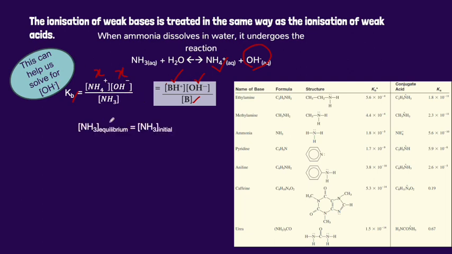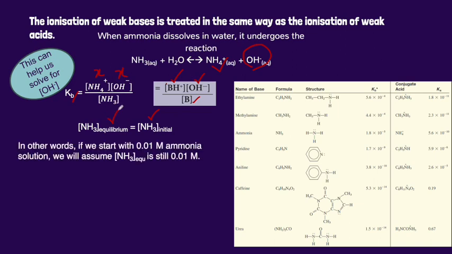Another similar weak acid assumption is that the concentration of your base at the beginning of the reaction is the concentration of your base at equilibrium, because it barely ionizes. In other words, if we started with 0.01 molar ammonia solution, we will assume that even at equilibrium it's 0.01.